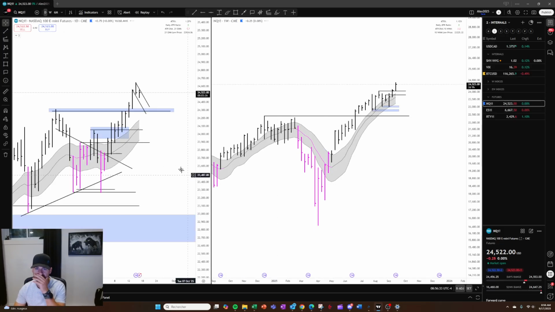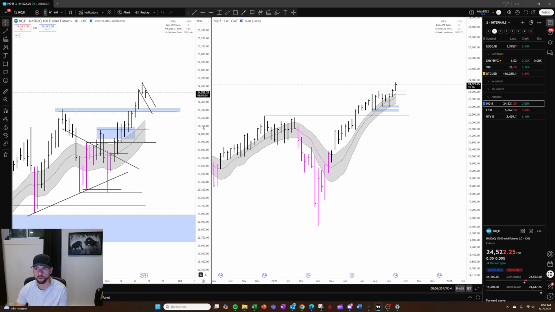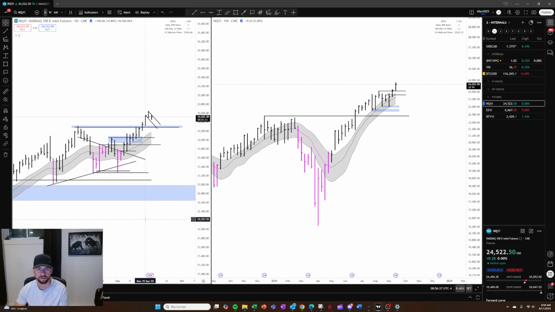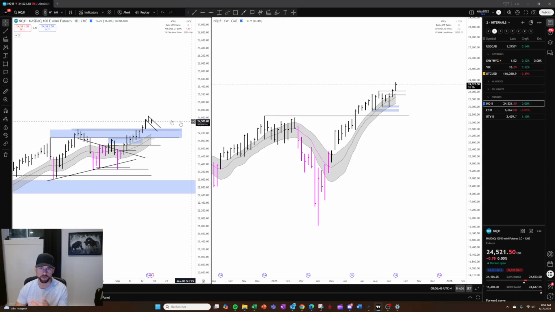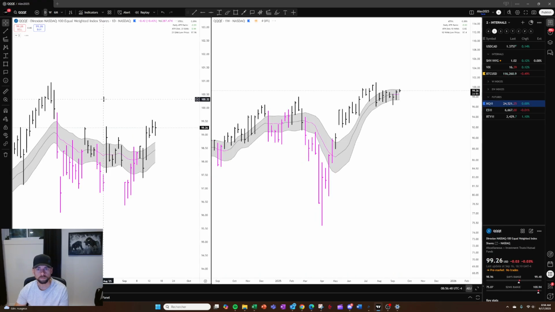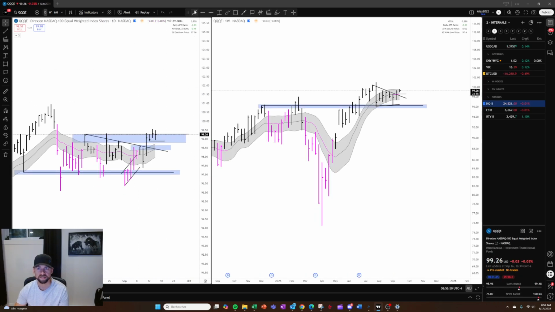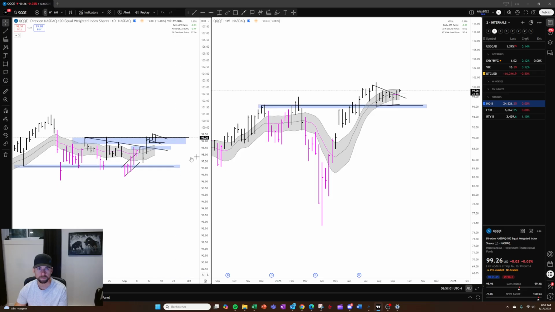All right, NASDAQ. So yeah, we discussed that yesterday. We're still breaking out from that multi-week base. So on QQQE, we have the same type of structure with a breakout attempt, backtest, low volume, right into that range structure.